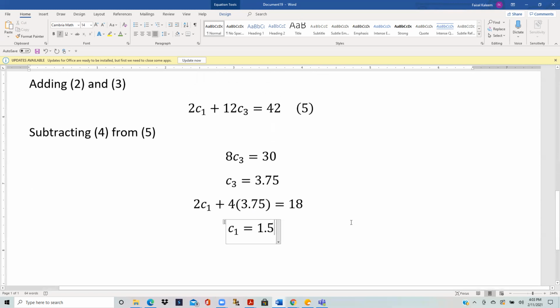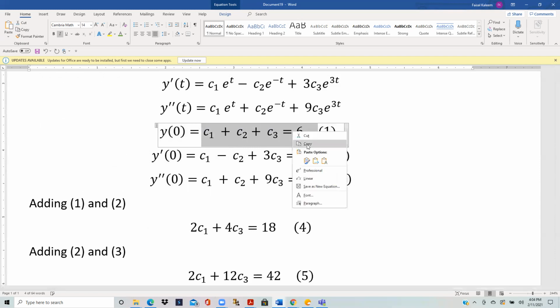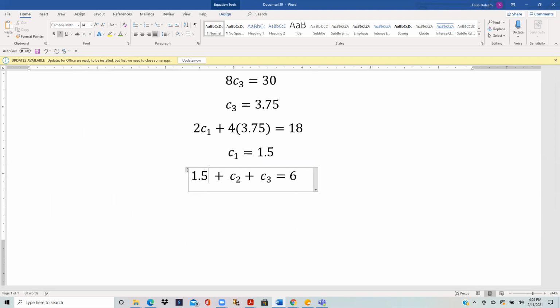And then when you substitute C1 and C3 in this first one, C1 is 1.5. C2 is to be calculated.